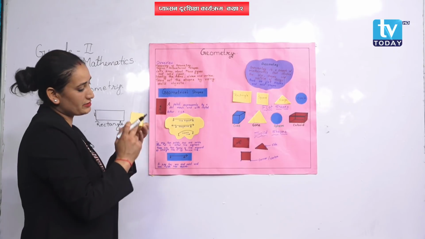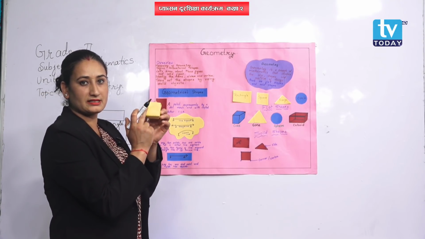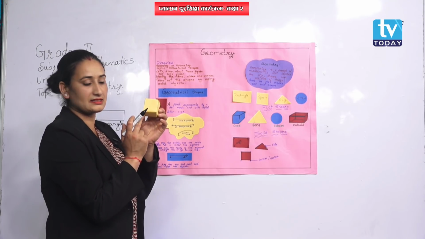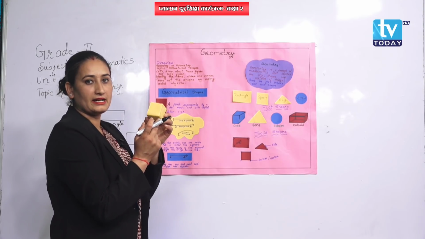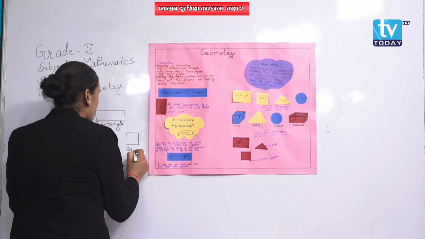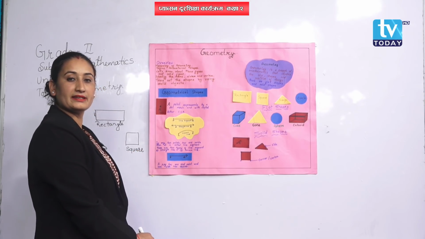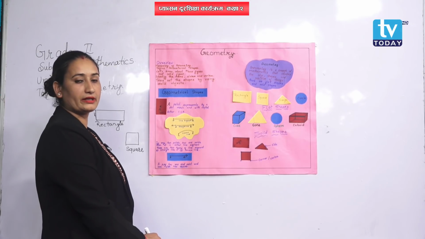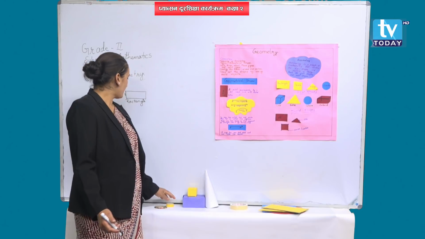I am using these sides. This is called a square. What do we call it? It's called a square. Please write down the name over here. It's a square. Can we write it? Yes? Okay, we can write it.